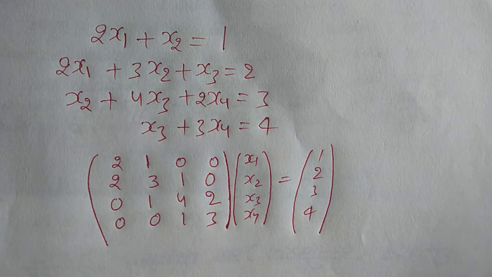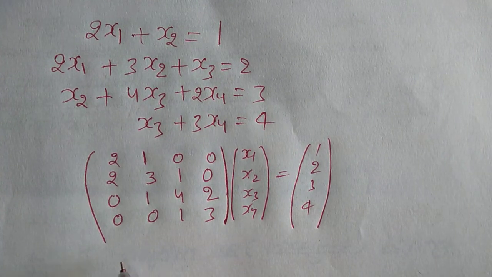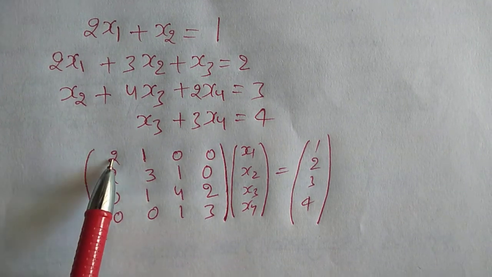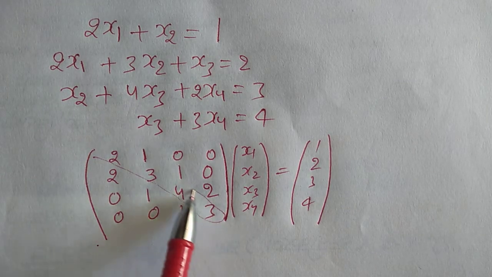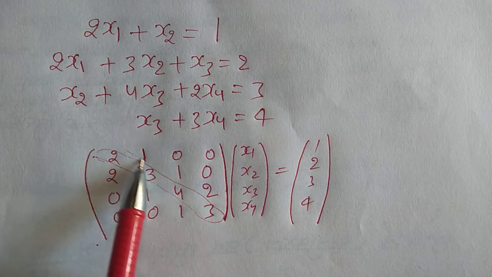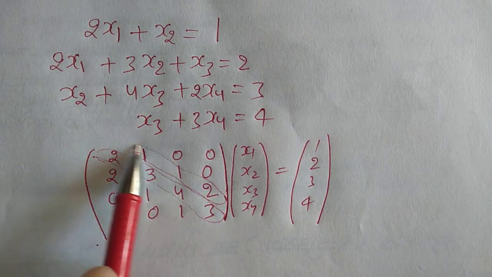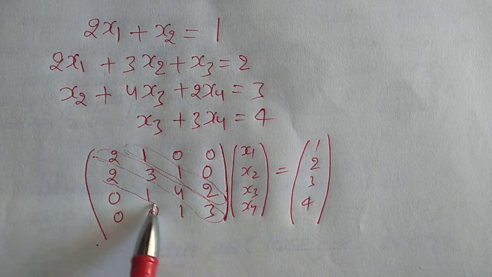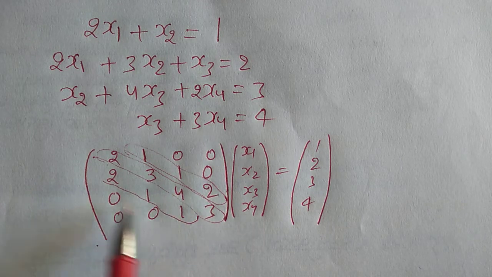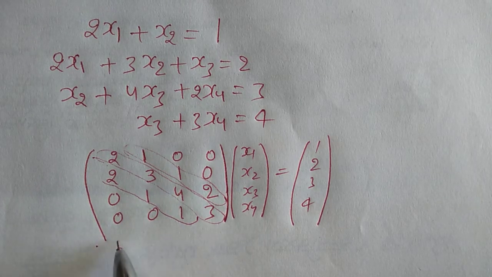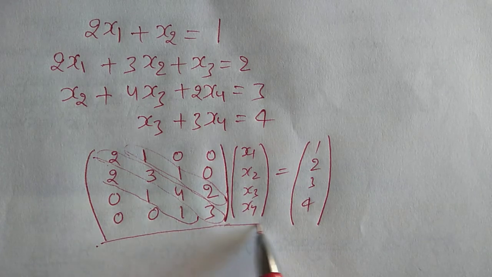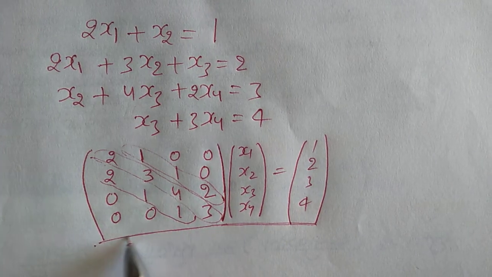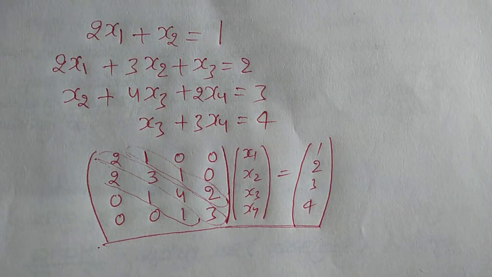You can see here 2 3 4 3 is the main diagonal, 1 1 2 is the upper diagonal, and 2 1 1 is the lower diagonal, and the rest of the entries are 0. So this matrix is called the tridiagonal matrix, and this system of equation is called the tridiagonal system of equation.